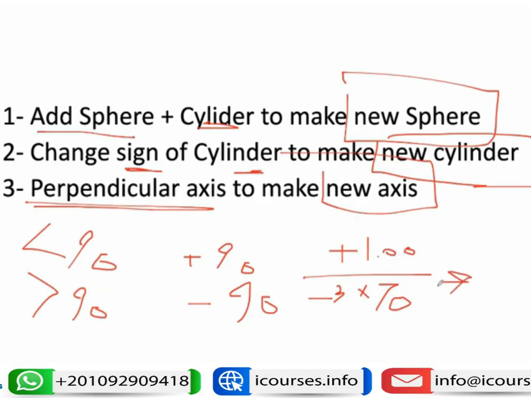We will add the +1 plus -3. This is an algebraic summation, so the total will be -2. This will be the new sphere. Then the -3 will be the new cylinder, but we change the sign, so -3 will be +3.